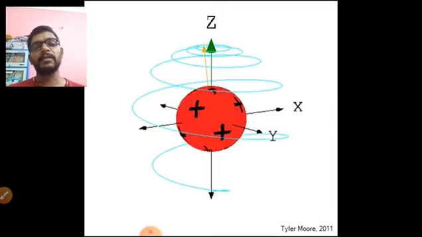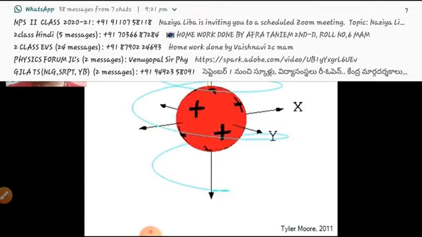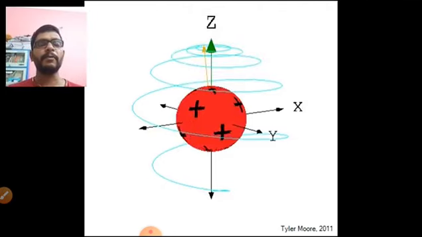Now in the next class we are going to see precessional motion of a symmetric top, and also we are going to see the torque acting on the symmetrical top, and as well we'll see the gyroscope, and also we'll discuss a few problems on rotating rigid bodies.